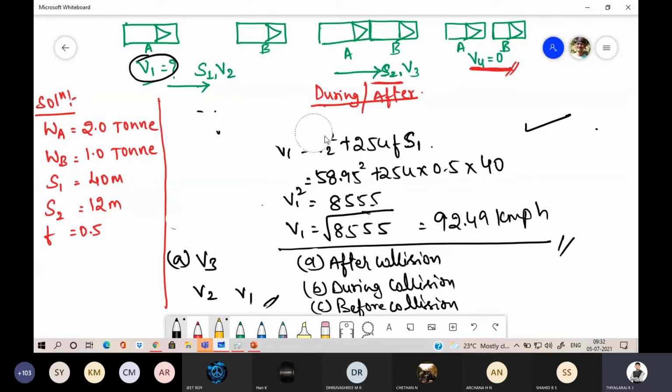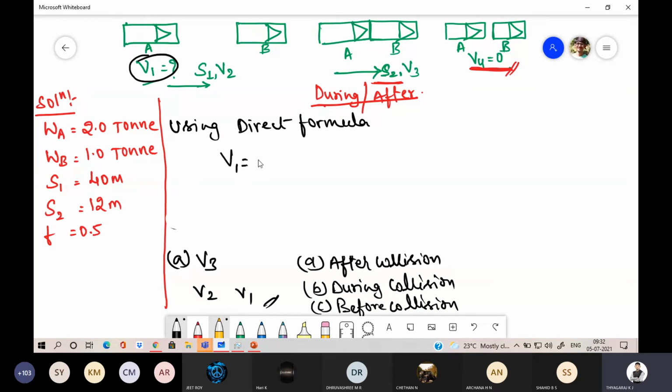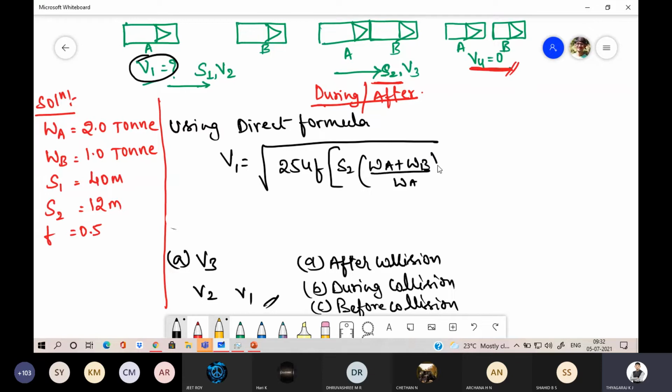Now I will show using the direct formula. V1 is equal to square root of 254F times (S2 into (WA plus WB) by WA) whole square, plus S1.